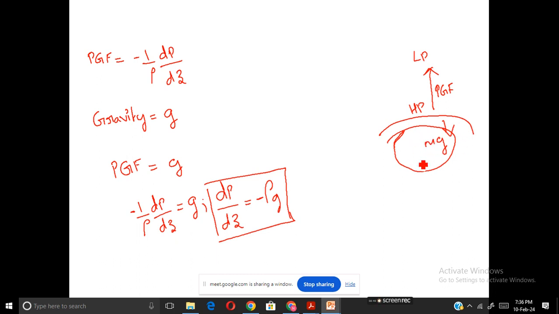When the atmosphere follows this condition, the atmosphere is said to be in hydrostatic equilibrium, and this equation is known as the hydrostatic equation, dP by dz is equal to minus rho g. This is a very important equation.